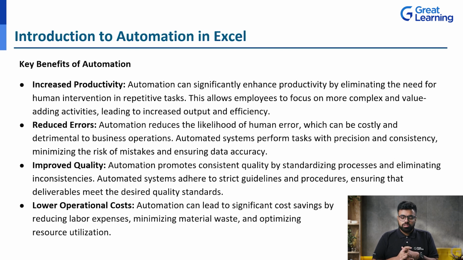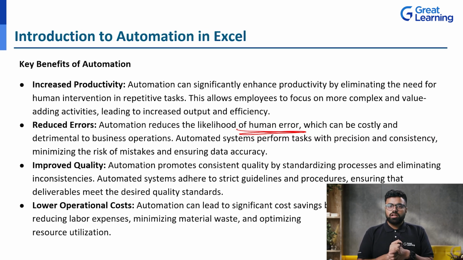Second is the reduction of errors. Automation reduces the likelihood of human error. Imagine that you're doing the first step of any analysis, that is data cleaning. In your data cleaning part, there are things that machines or computers are more likely to be better at understanding than you with your manual eye.